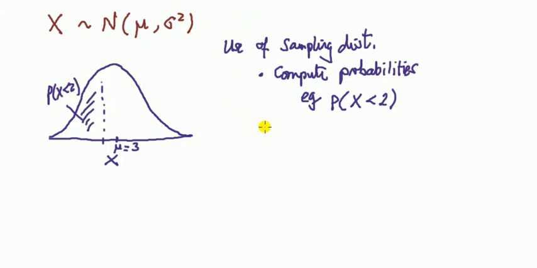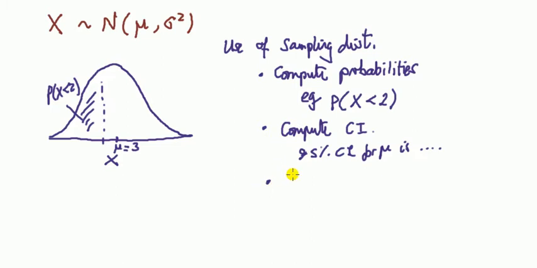So that's one use. Another use of sampling distribution is that I can use it to compute confidence intervals. So in this case I would make statements like, I could find a 95% confidence interval for mu is blah blah blah. Right, that's another video on how to do that.